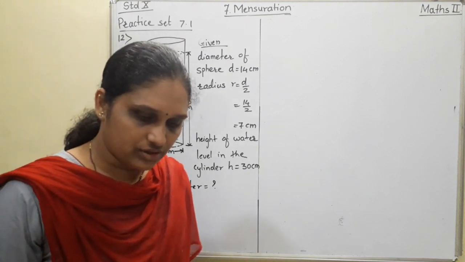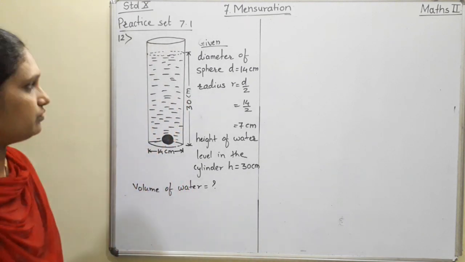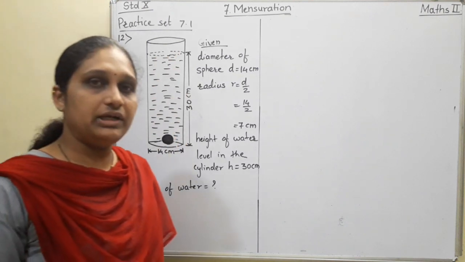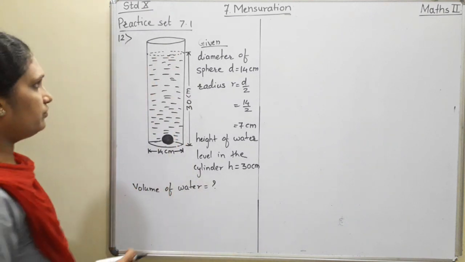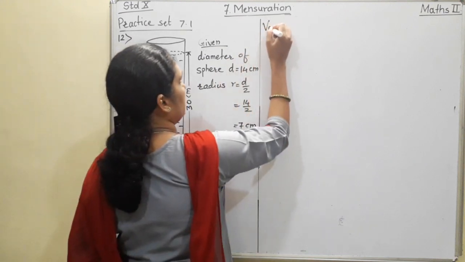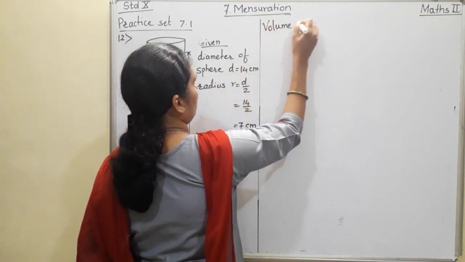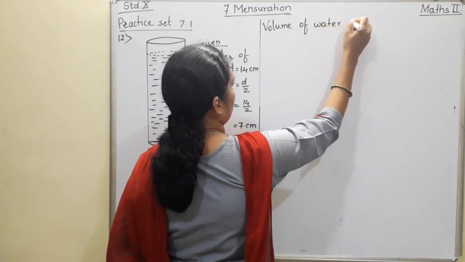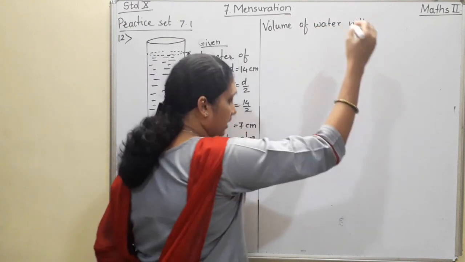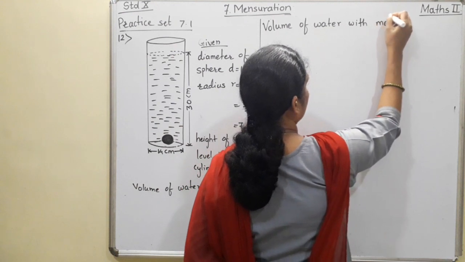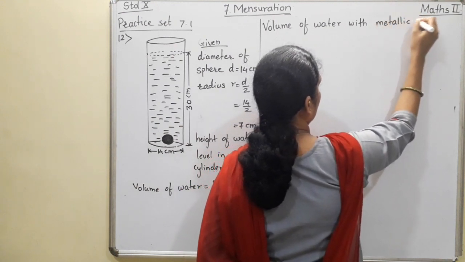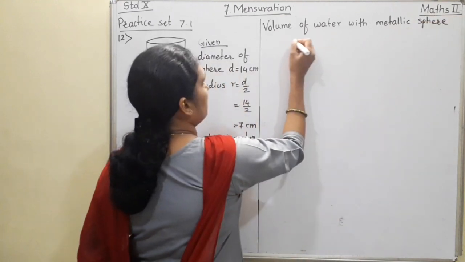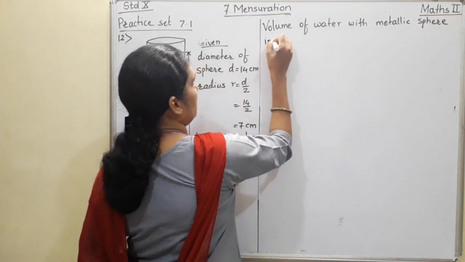So students, first we'll find the volume of the water with the metallic sphere immersed in it. So for that, I'll write volume of water with metallic sphere immersed in it.